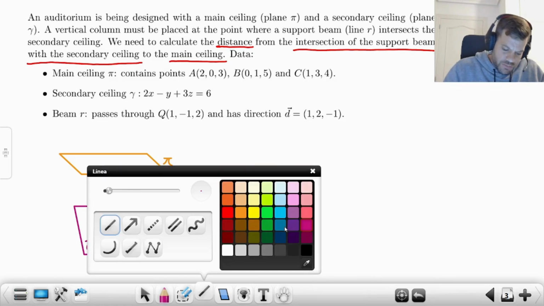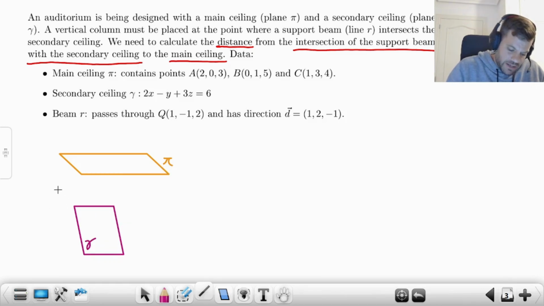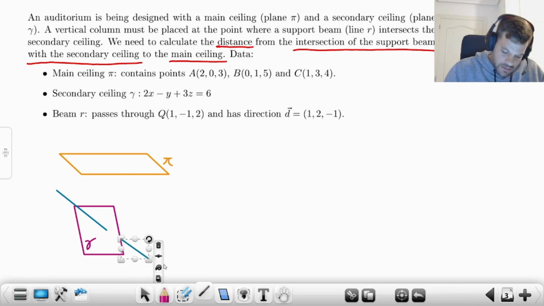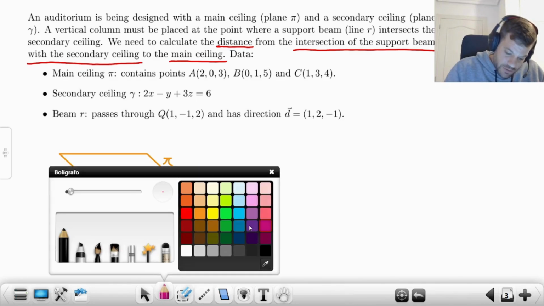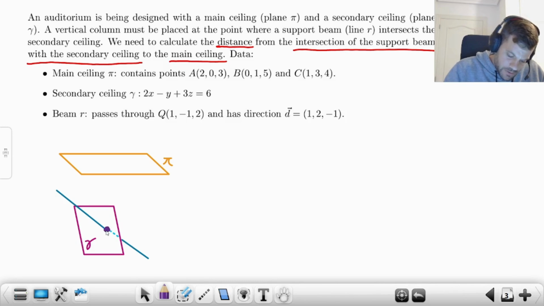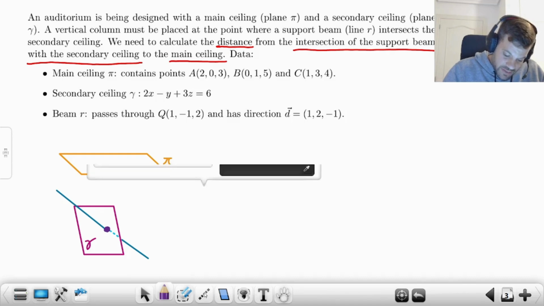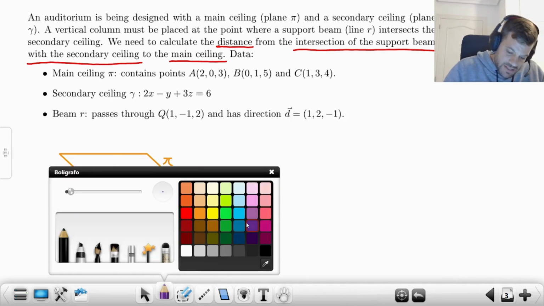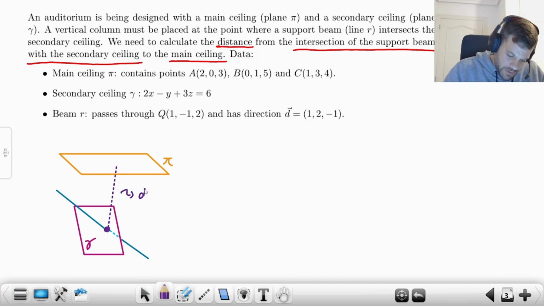And then the support beam, described by a line. So this is the support beam, and it intersects. Okay, so here we have the intersection point. Let's use purple. And we want to find the distance from that intersection point to the main ceiling pi. That's the goal of the problem, this distance.